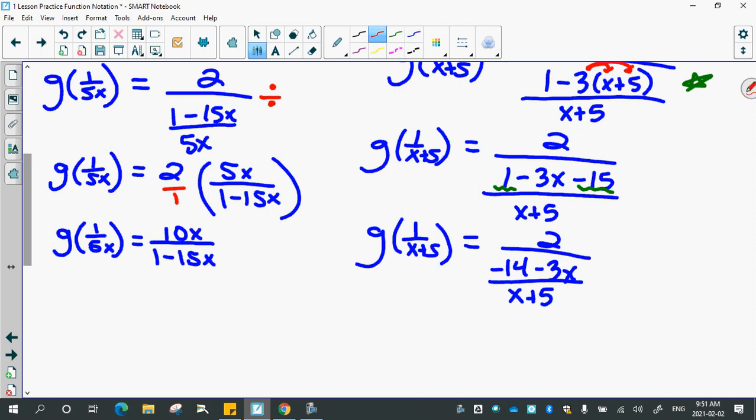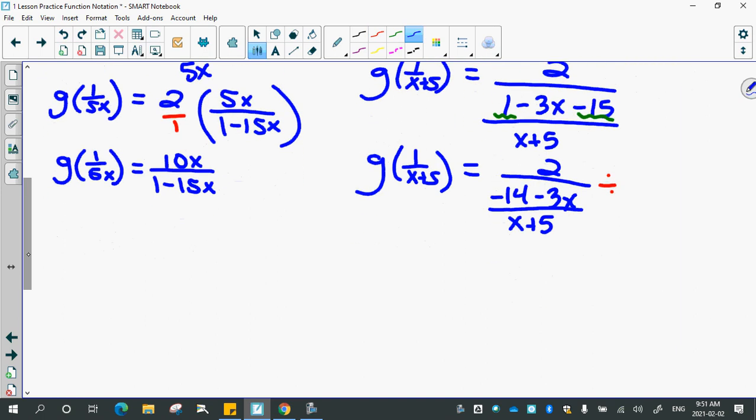And now we're just on our last step where we flip and multiply. So we keep the first fraction the same, which is a 2, and multiply by the reciprocal of the second.